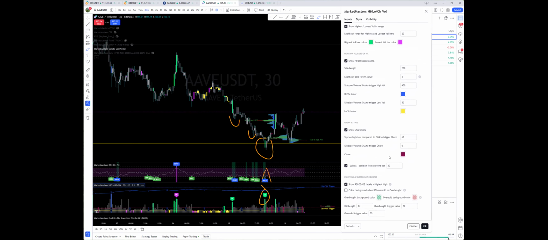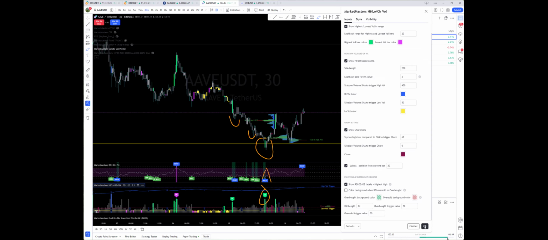Basically this identifies when the RSI is oversold and overbought, plus you get one of these high volume candles, so it's either the highest volume in a certain number of bars back, or it hits this high volume trigger. They're adjustable, but I wouldn't start off without adjusting it.